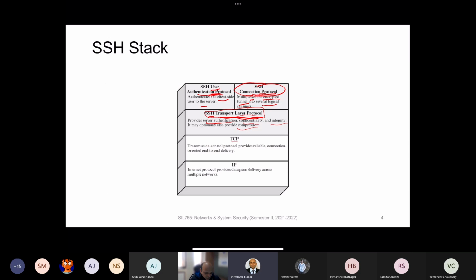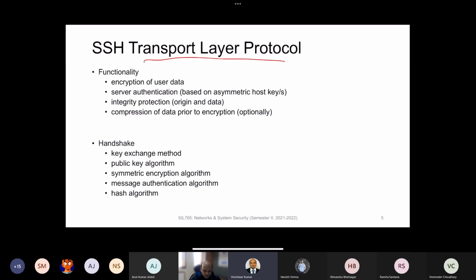Okay, so the first is the transport layer protocol. I talked about it, and the functionalities I also talked about: encryption, server authentication, integrity protection, and compression. Like TLS, we must have a key exchange protocol. It could be a Diffie-Hellman key exchange protocol or some other key exchange protocol.